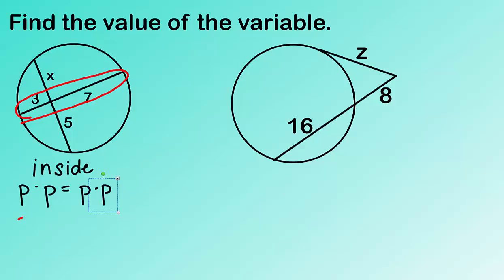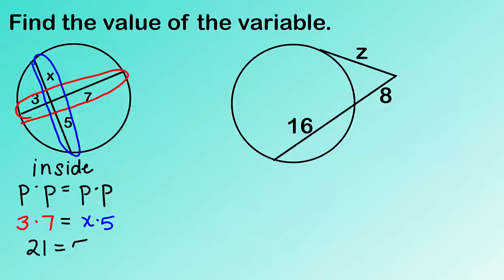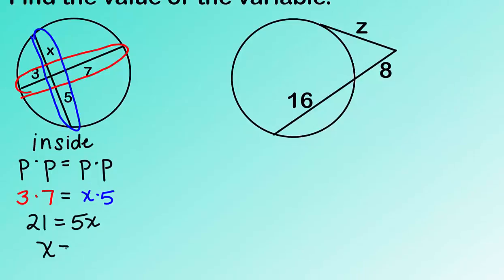My two parts are 3 and 7, and then I'll look along the other line, and I have x and 5. I'm going to set those equal to each other, and I'll get 21 is equal to 5x. X is equal to 21 over 5. And I could turn that into a mixed number if I wanted to, which would be 4 and 1/5.